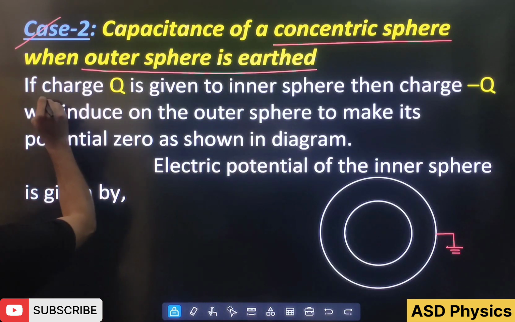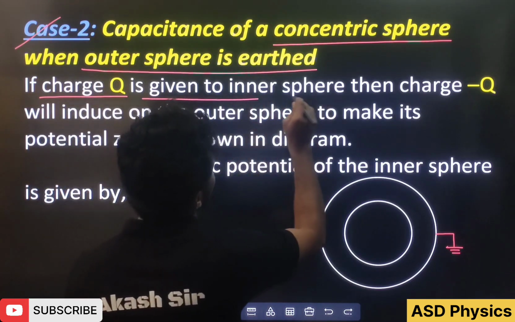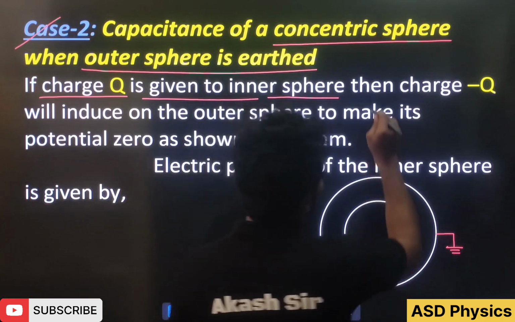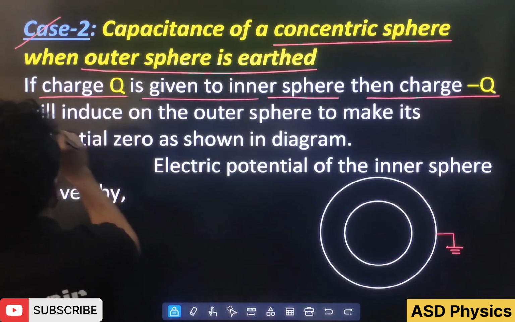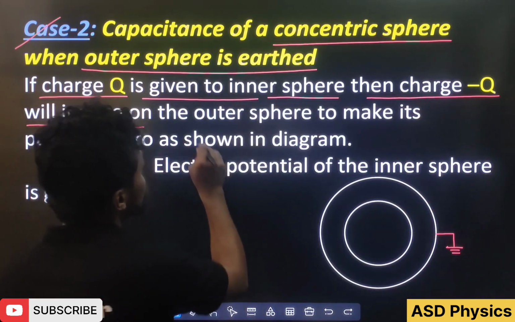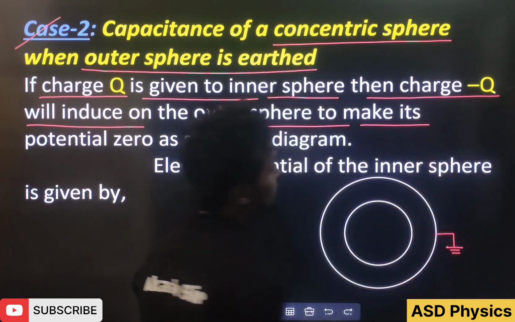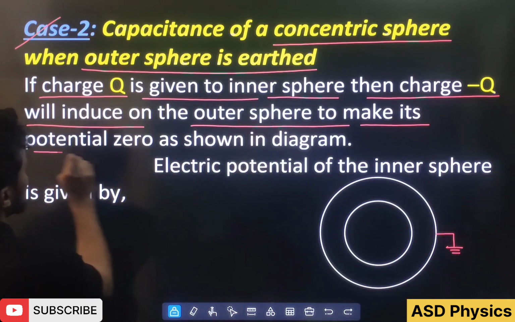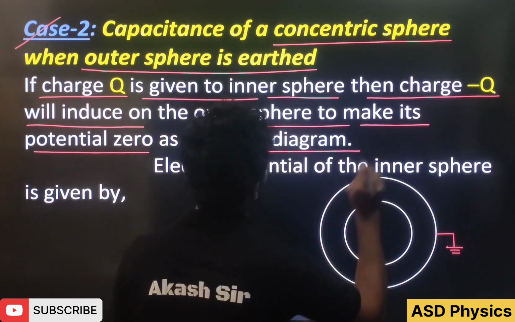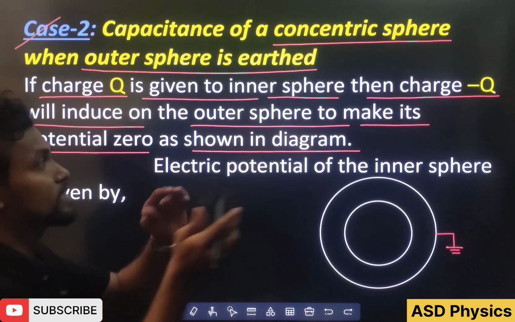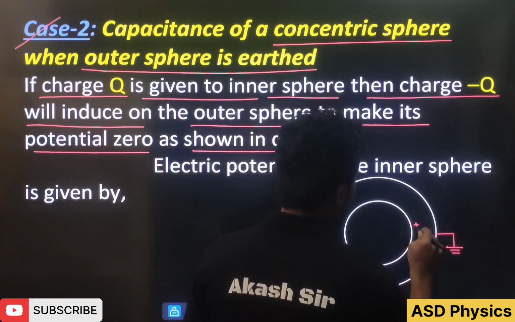Now see, if charge Q is given to the inner sphere, then charge minus Q will be induced on the outer sphere to make its potential 0, as shown in the diagram. This thing we have covered in my previous video, but I'll just tell you.